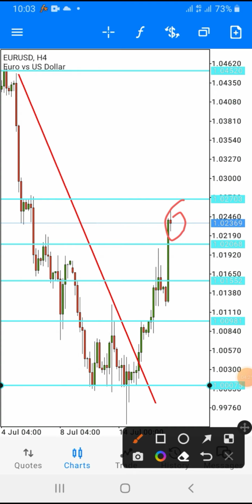With what I have analyzed, what I'm waiting for is if this current price moves to this particular line and closes above it, and another candle forms above this line and retests it and starts showing me bullish, that is when I'm going to buy. So in the current situation of the market, I cannot do anything.